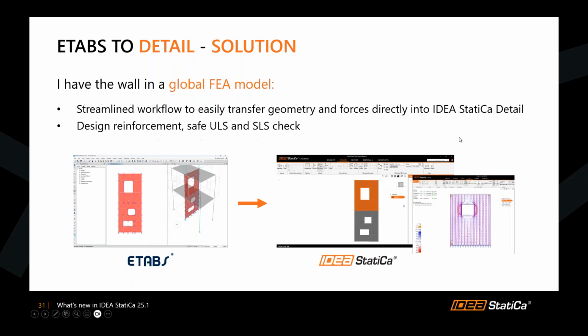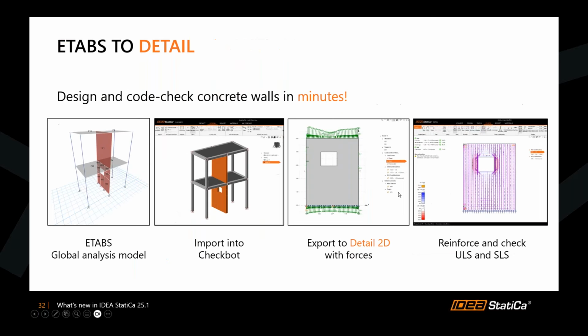So the solution now with this workflow: let's say you have a wall in a global FEM model, more specifically in ETABS. We have this streamlined workflow to easily transfer the geometry and the forces directly into IDEA StatiCa Detail. In Detail, you can design the reinforcement, then do a safe ULS and of course the SLS check to make sure the crack width is still within the limit.